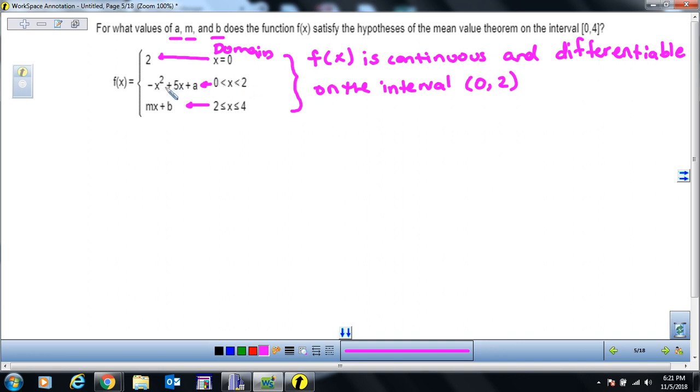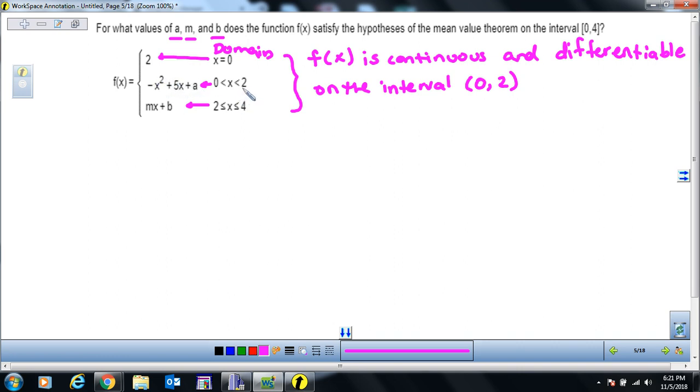This 0 on the first function is also here on the second restriction on the domain. But on the second function, the 0 is not included. On the very first one, yes, it says that if x is equal to 0, the answer is 2. But on the second one, if x is 0, it's not defined. That's why we're not including the 0. Why we're not including the 2? Because on the second function, it says if x is between 0 and 2, then you're going to utilize the second function or equation.